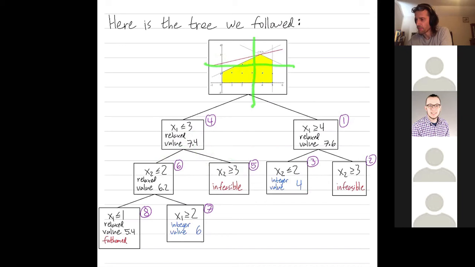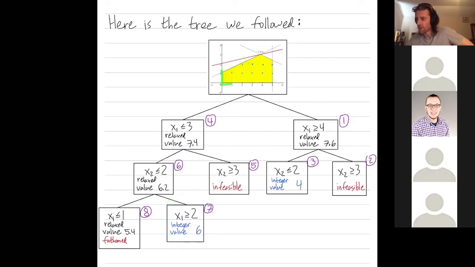And we found a non-integer solution with value 6.2. Since 6.2 was at least 4, we continued. We cut again in the x coordinate to the right and to the left. Okay. And then when we explored the region to the right, we found this integer solution with value 6.